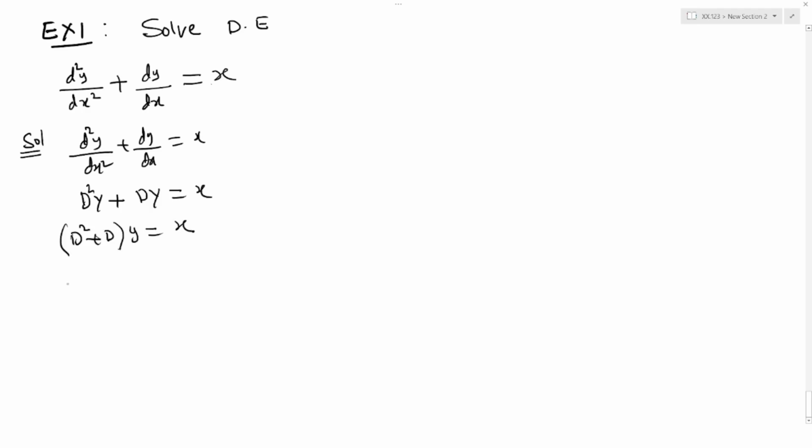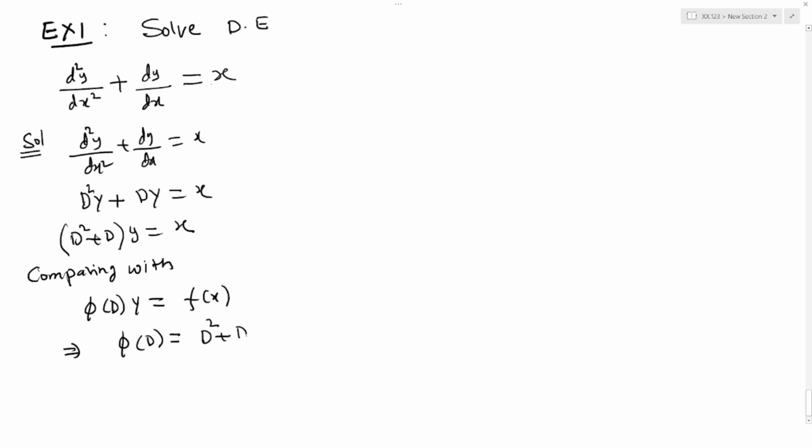Now comparing with phi of D y equals f of x, we get phi of D equals D square plus D and f of x equals x.